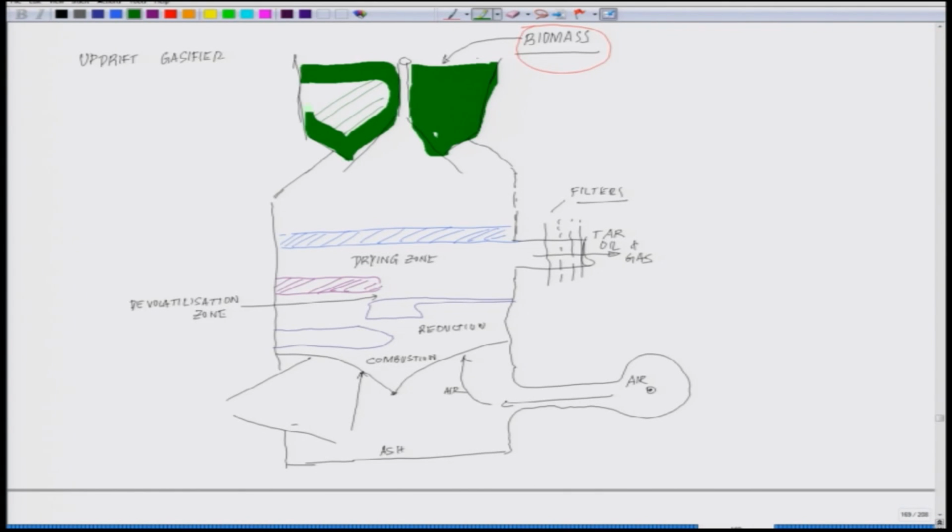And then you have the drying zone, which is present here. This is where you are drying the material, and while drying, several things get exhausted out through this port. Then you have the reduction and the combustion zone.